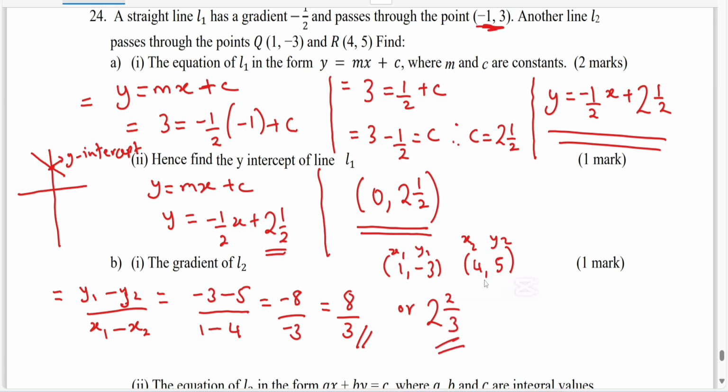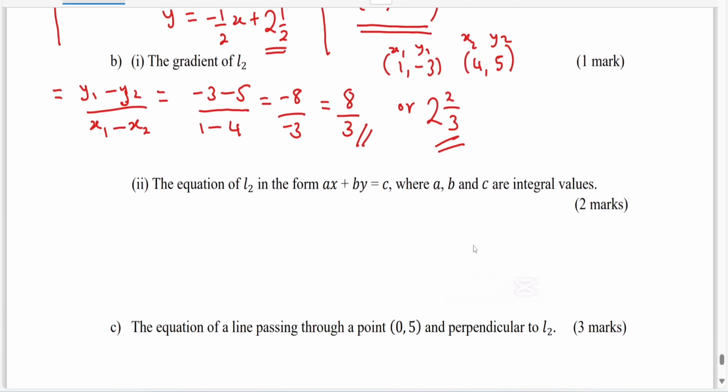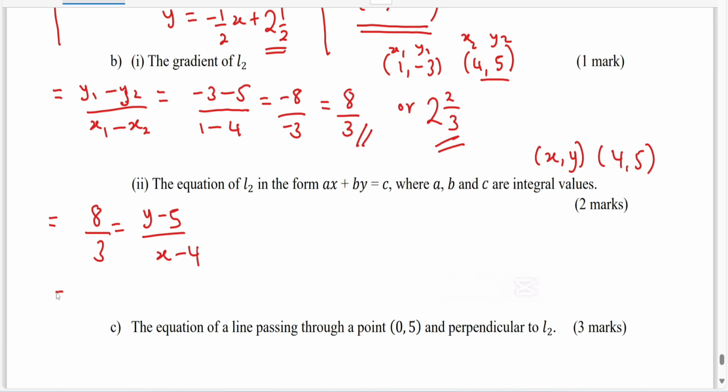Roman 2, the equation of L2 in the form ax plus by equal to c, where a, b and c are integral values. So obviously our gradient is 8 over 3. In that line you assume another point which is (x, y). Let's use one of the points, let's use (4, 5). So you write 8 over 3 equal to y minus 5 over x minus 4. So you do cross multiplication.